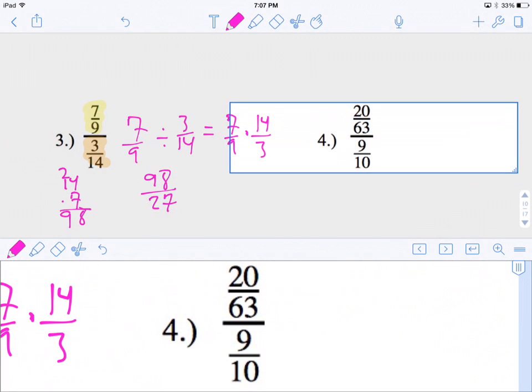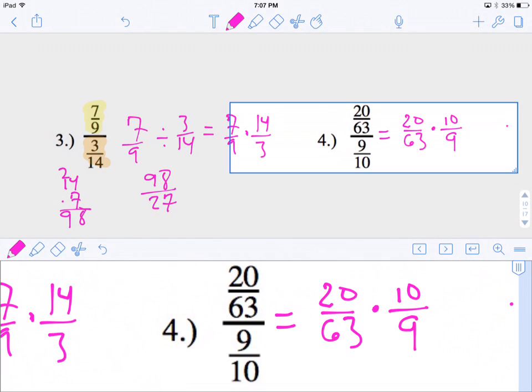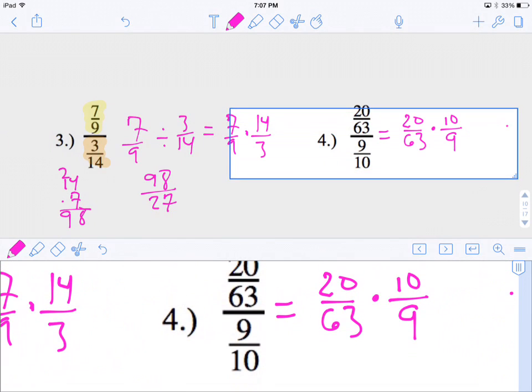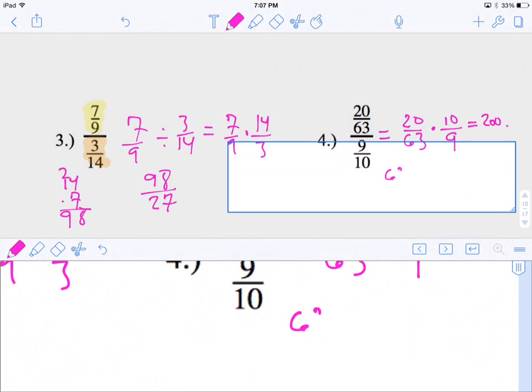Moving on to 4. We got 20 over 63 divided by 9/10. So this means 20 over 63, we multiply by the reciprocal, we multiply by 10 over 9. Okay, and then we multiply across. 20 times 10 is 200. 63 times 9, again, I'm going to have to do a little work, so I don't have a calculator with me.